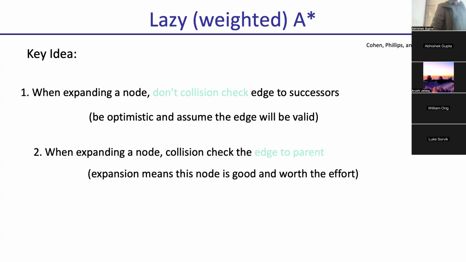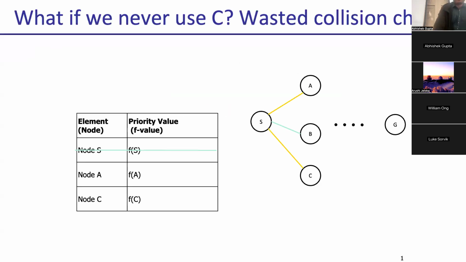But instead, when you expand a node, you collision check it with its parent, right? So in the previous example, essentially what it's suggesting is when you're expanding S, don't collision check this, this, and this. Instead, add this, and add this without collision checking, and only collision check the node that you expand next, right?